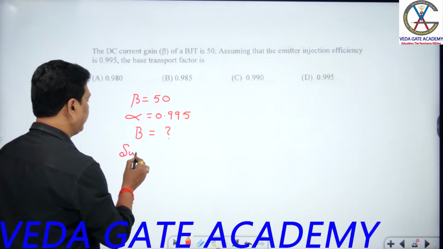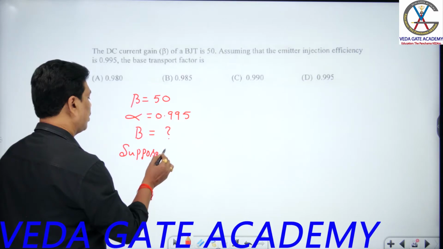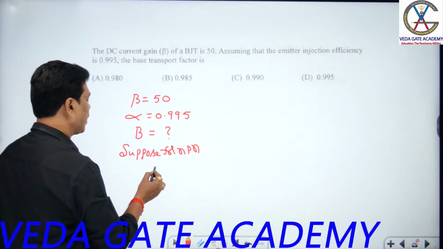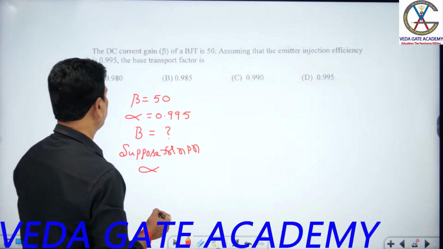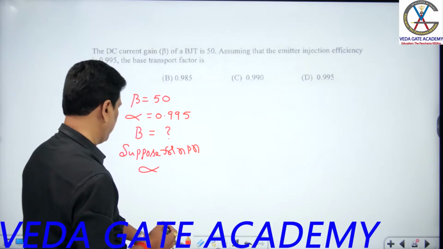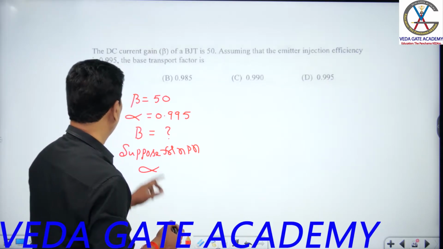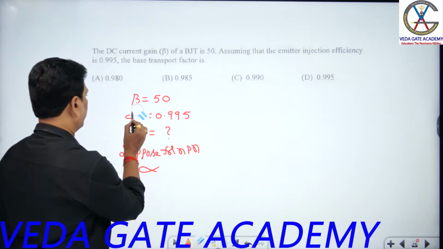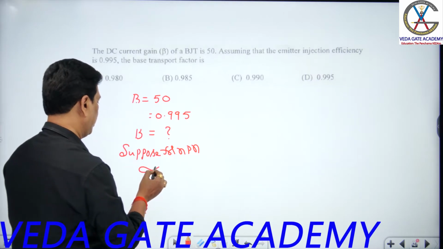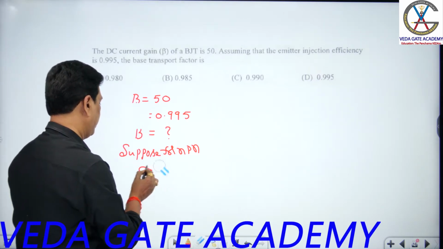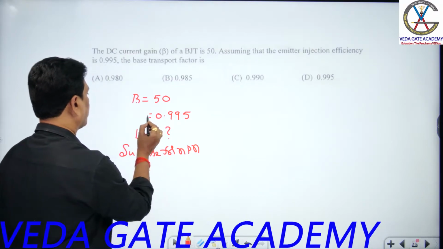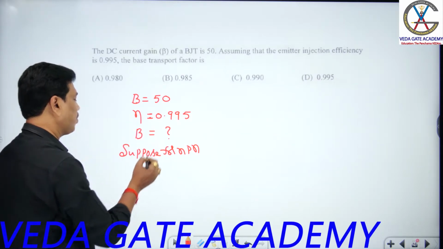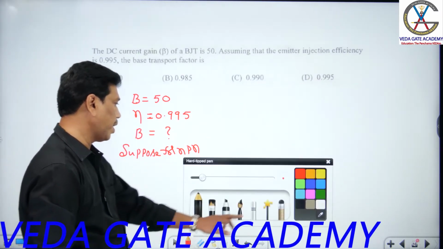Suppose I take an NPN transistor, students.